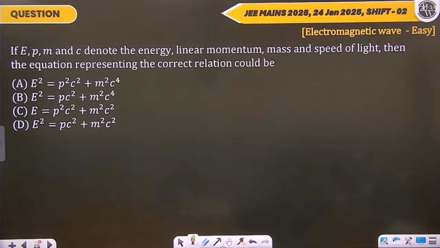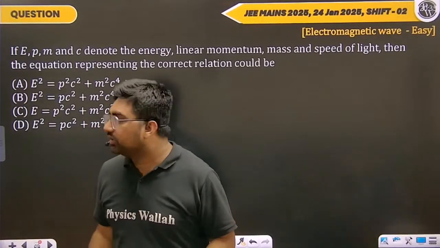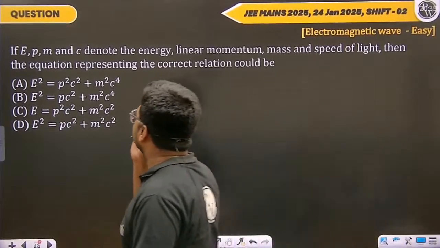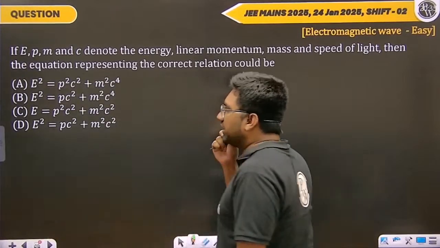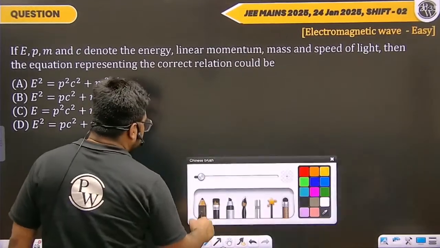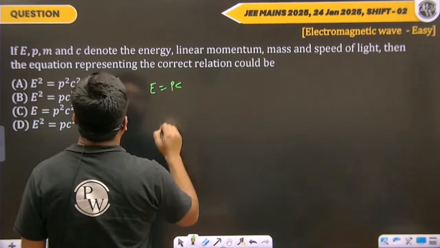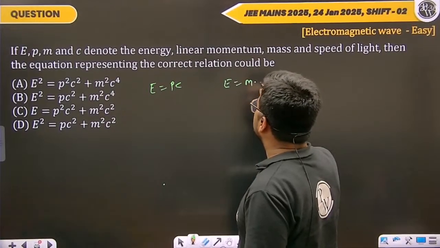In this question, E, P, m, c denote the energy, linear momentum, mass and speed of light. Then the equation representing the correct relation could be. This question is from the first chapter, that is units and dimensions. And we know that relation E is equal to PC, and we also know that E is equal to mc square.